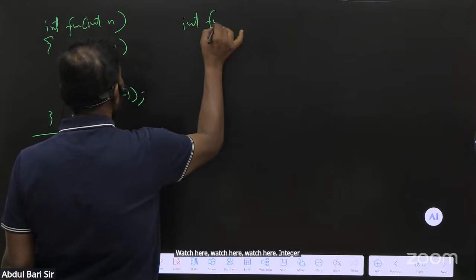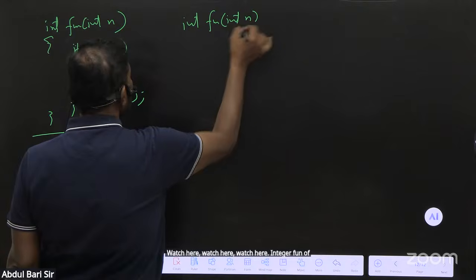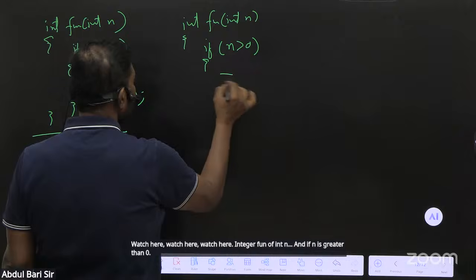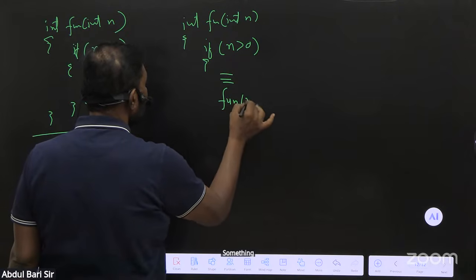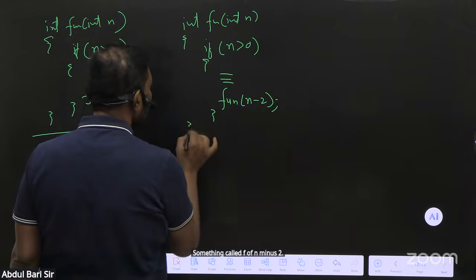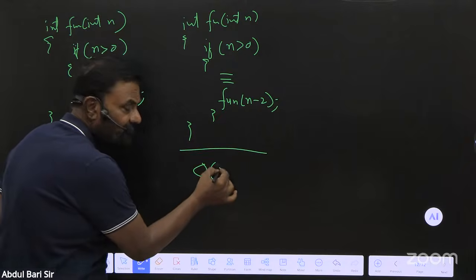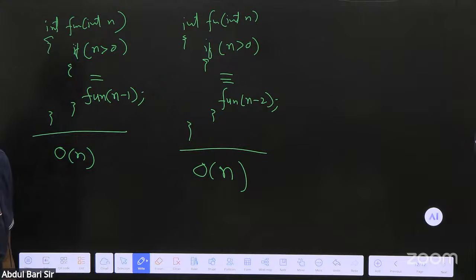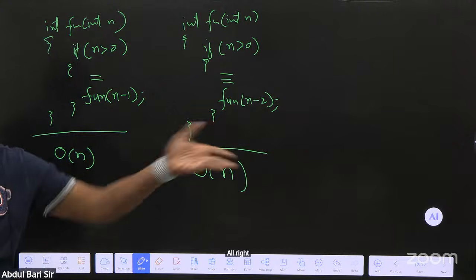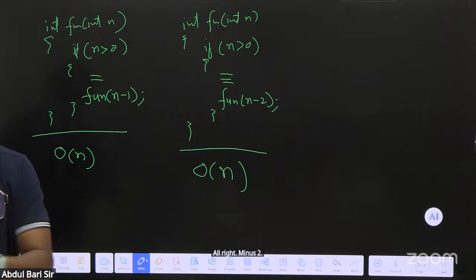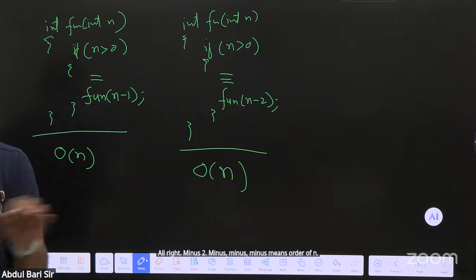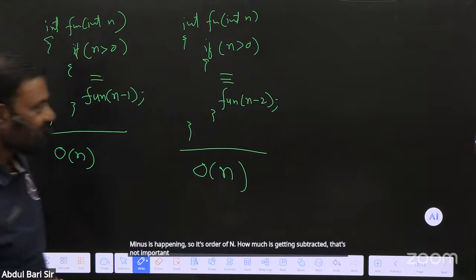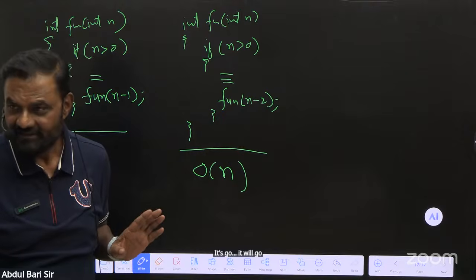Integer fun of int n, and if n is greater than 0, something, call f of n minus 2. All right. Minus 2. Minus means order of n. Minus is happening, so it's order of n. How much it's getting subtracted, that's not important. It will go linear only.